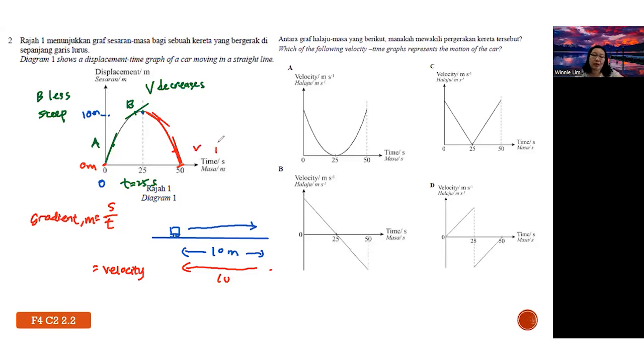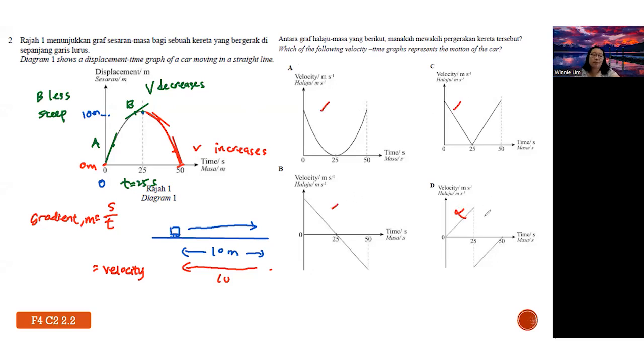V is increasing when they move in the opposite direction. Based on this graph, the velocity will decrease first until it stops. So the possible options for the first part will be A, C, and D.